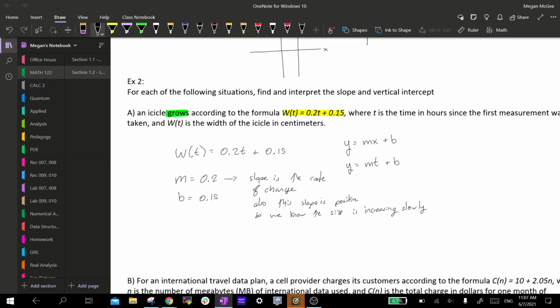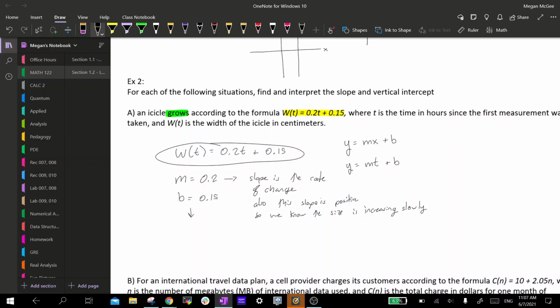Okay, and let's interpret this y-intercept here. So the y-intercept is 0.15. What happens when t is equal to 0? If we're looking at our original equation, if t is 0, anything times 0 is 0, right? It could be 1,500 times 0. Well, that's 0.